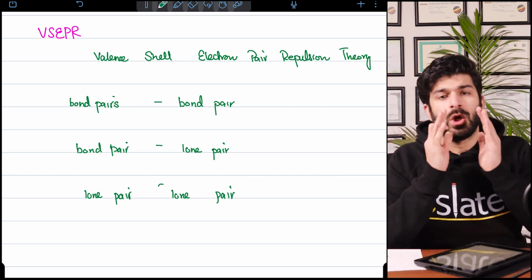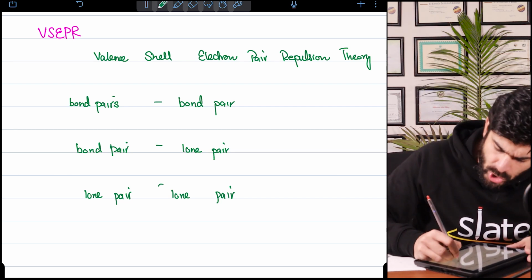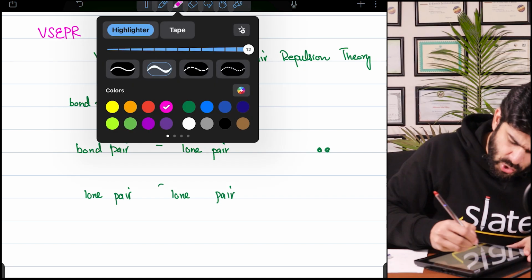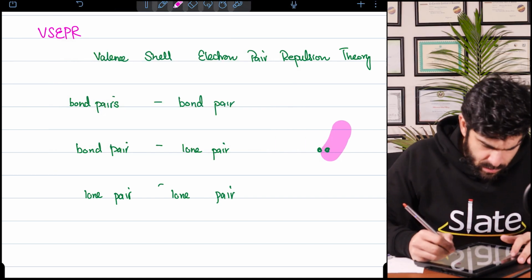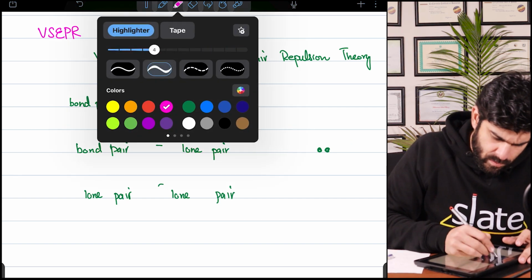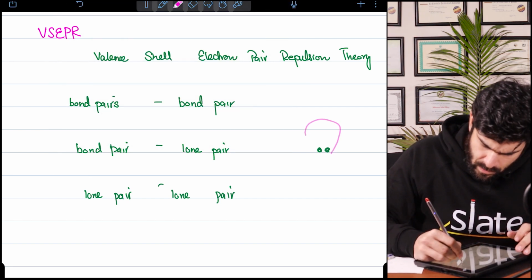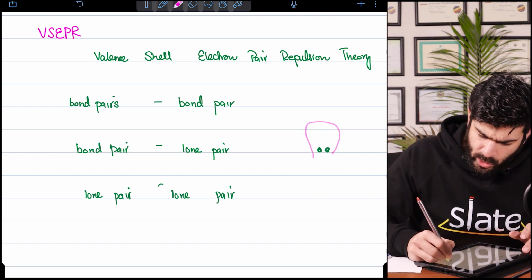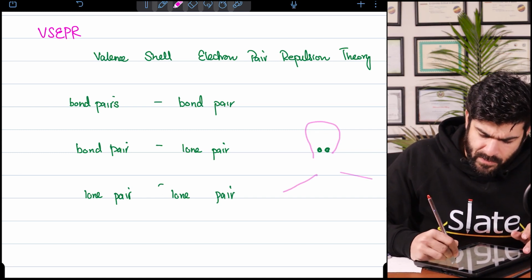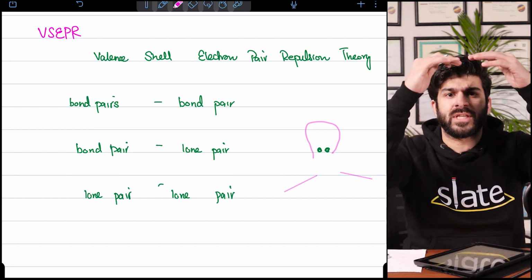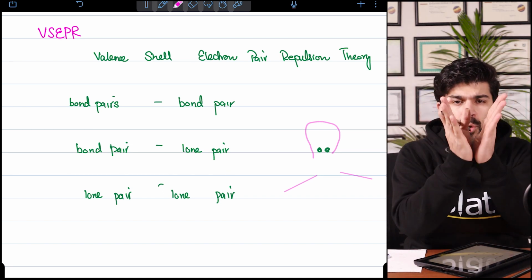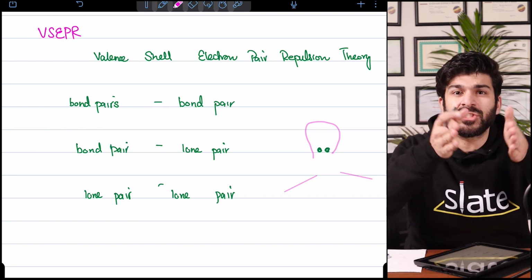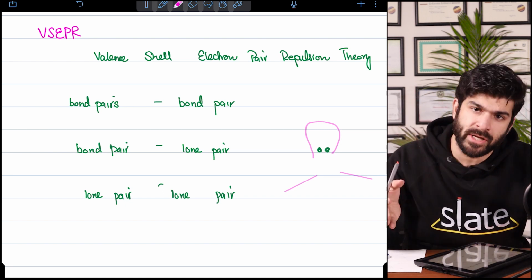So obviously, lone pairs cover more space. That's how we sometimes show a lone pair. A bond pair would just be a bond, a straight line, whereas a lone pair will take a cloudy shape. So it would have a repulsive effect on the other bonds, hence changing the bond angle and bond geometry.